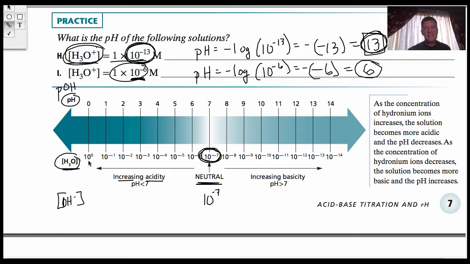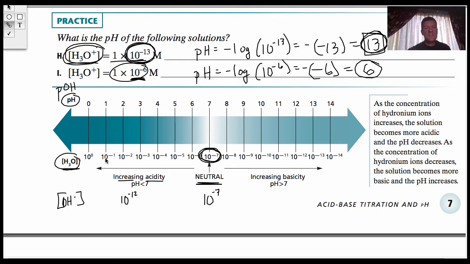In that case, your concentration of the hydroxide would go down as the hydronium goes up. So if it is 10 to the negative 2 for hydronium, then it's going to be 10 to the negative 12 for hydroxide.